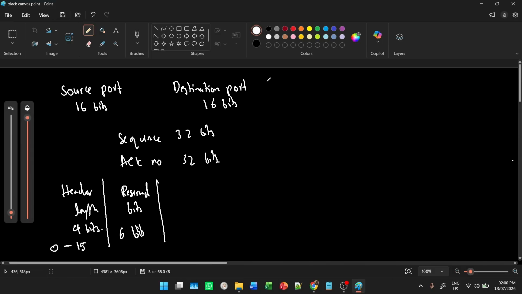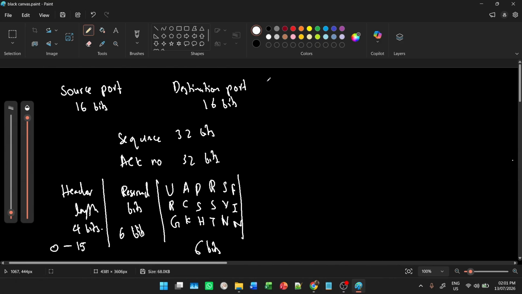6 bits is reserved. Then you have the flags: the urgent flag, the acknowledgement flag, the push flag, the reset flag, the synchronization flag, and finally the finish or termination flag. This is again 6 bits, each of them 1 bit. Then you have window size.